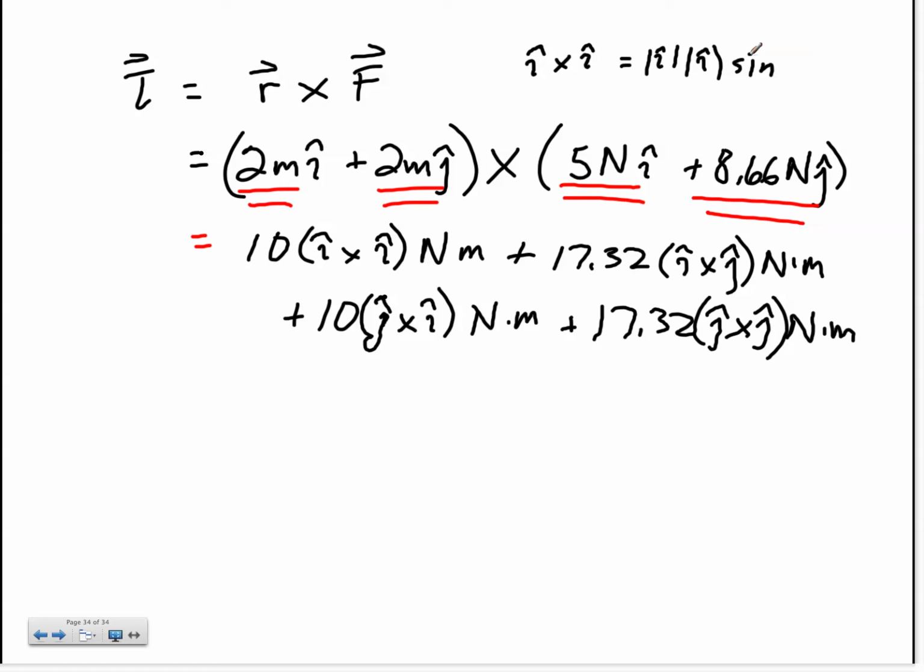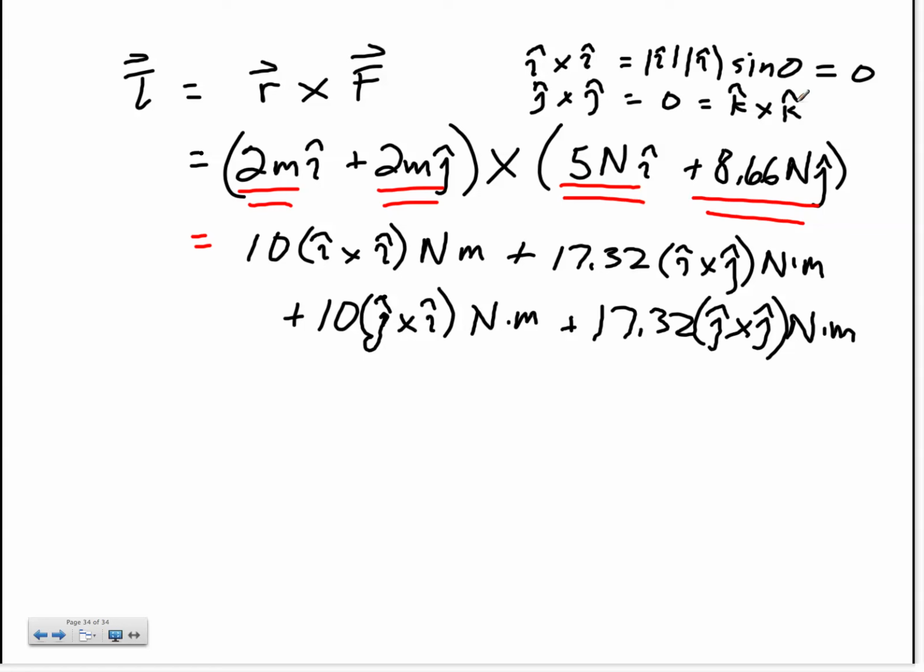What's the angle between them? 0. So what's sine of 0? Sine 0 is 0. What do you think, Michonne? 0 is correct. So whenever you have I cross I, it's 0. J cross with J, 0. K cross with K, 0.